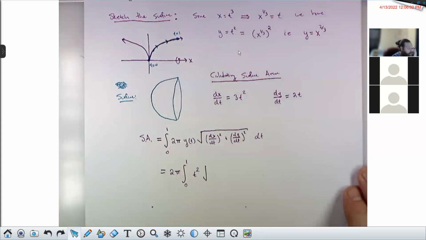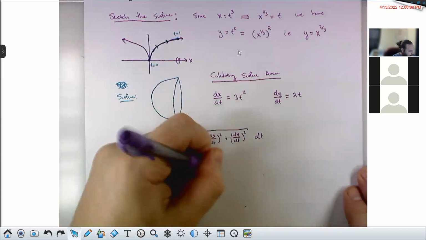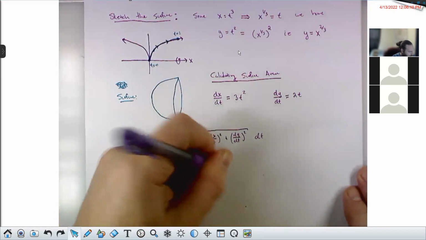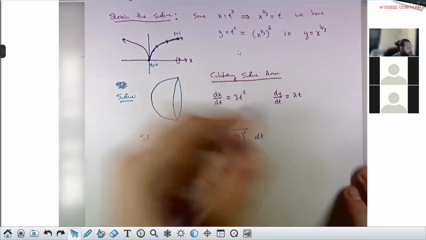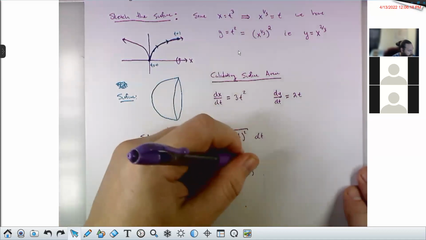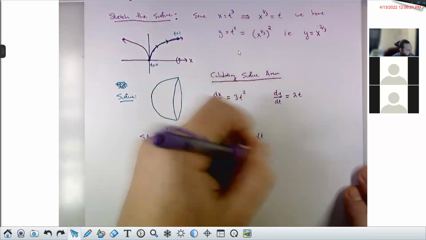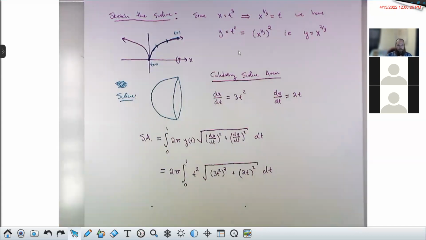The square root of dx/dt squared, well, dx/dt is 3t squared. So this is going to be 3t squared plus dy/dt is 2t, so that's 2t squared. And we're doing this dt.